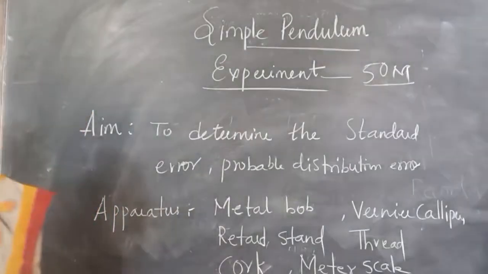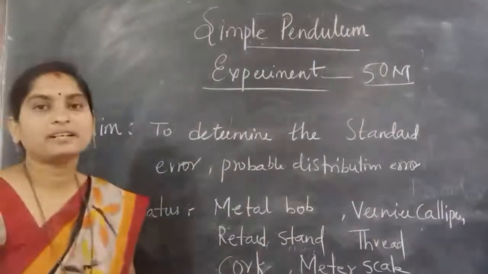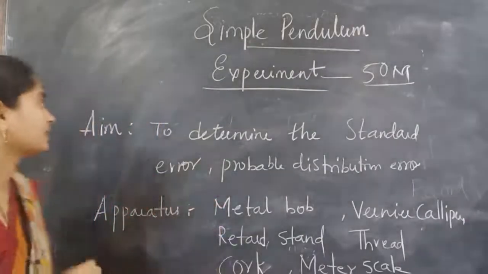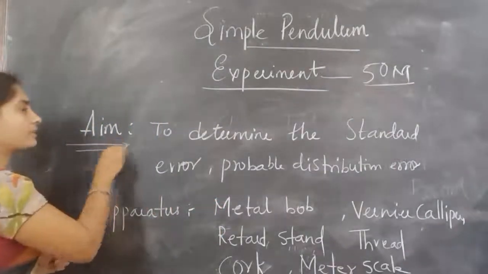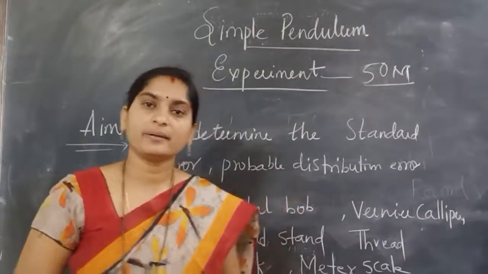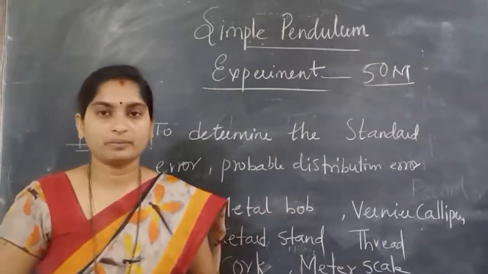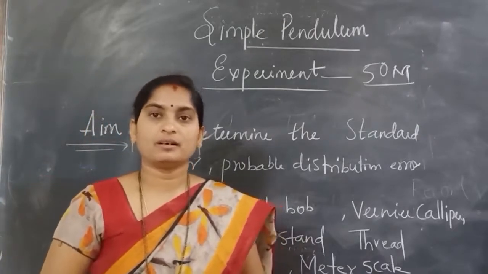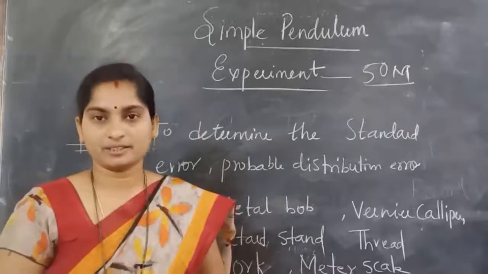Next, let us go into the experiment and discuss the aim of the experiment. The aim of the experiment is to determine the standard error and probable error estimations. So what do you mean by error, and how can it be minimized?